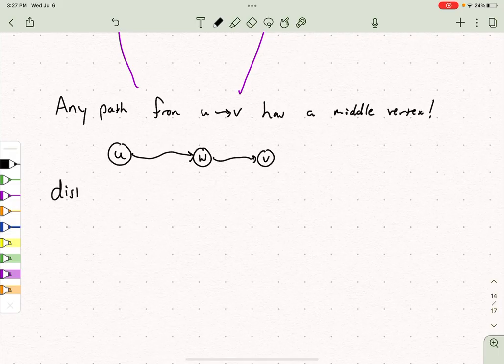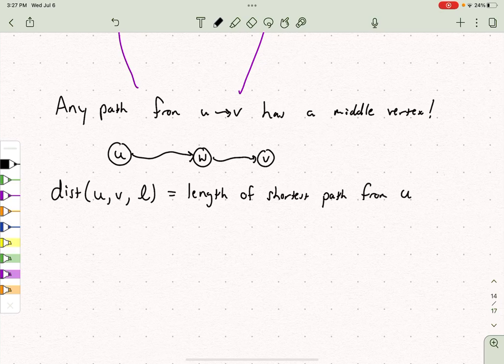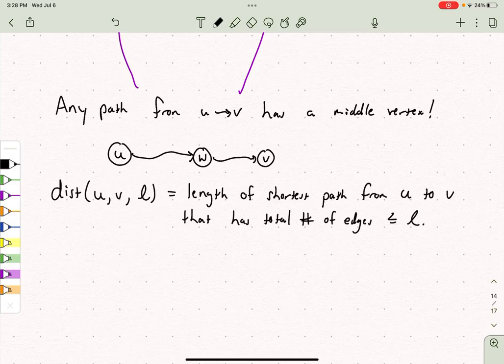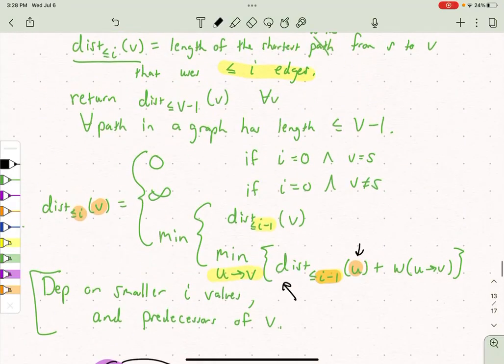We're going to define this function dist of u, v, L, and this is going to be the length or total weight of the shortest path from u to v that has total number of edges at most L. So this is essentially the same thing as the distance i function before. L is taking the role of i here.